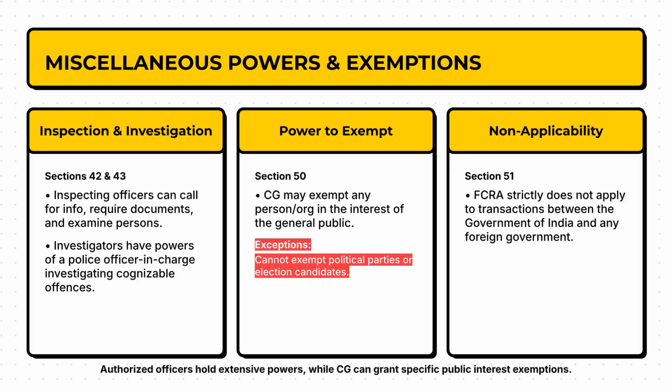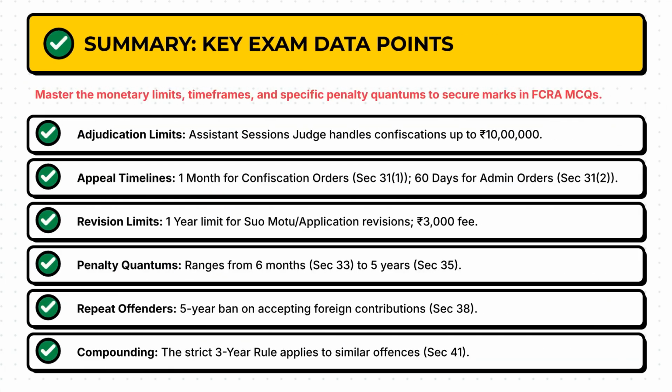The central government may also exempt any person, association, or organization from the operation of the act, if such exemption is considered necessary in the public interest. However, this power cannot be exercised in favor of political parties or election candidates. Another important provision states that transactions between the Government of India and a foreign government fall completely outside the scope of the FCRA.